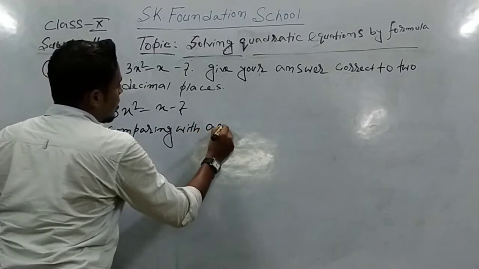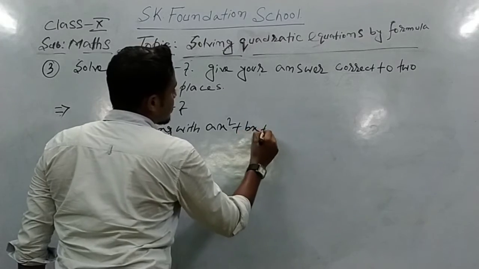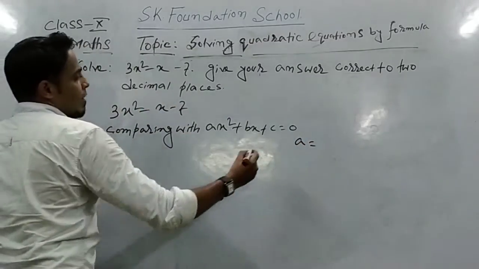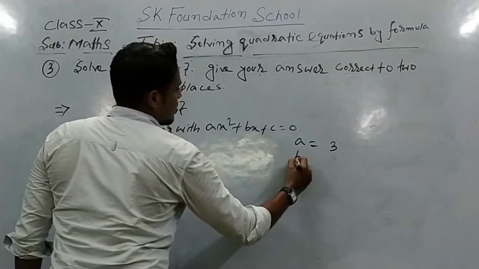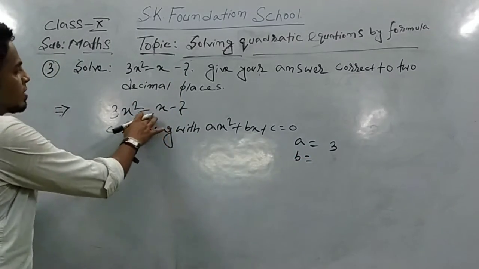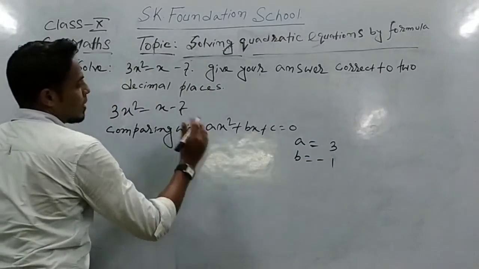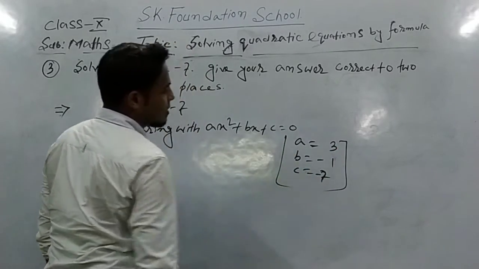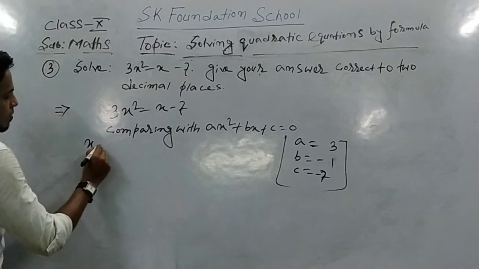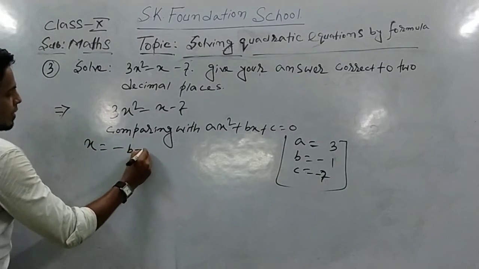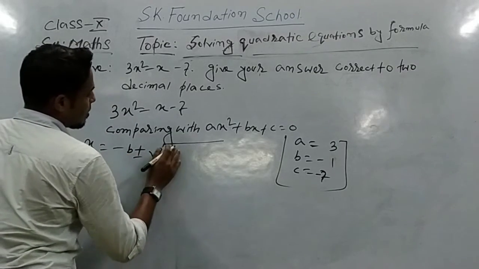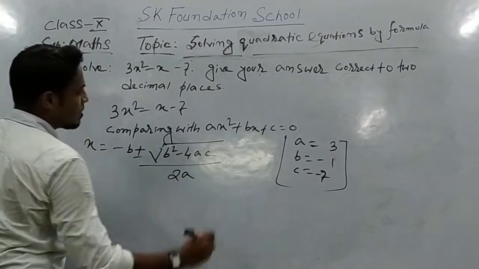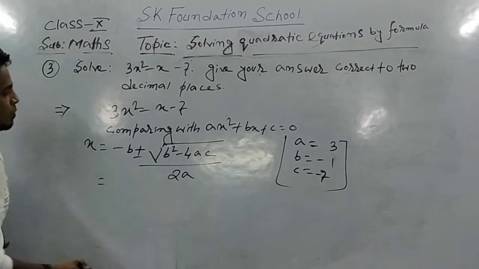Comparing with ax square plus bx plus c equals 0, after comparing the two equations we get a equals 3, b equals minus 1 because it is the coefficient of x, and c equals minus 7. So a is 3, b is minus 1, c is minus 7. Our formula is x equals minus b plus minus root over b square minus 4ac, by 2a, right? Now put in the values.